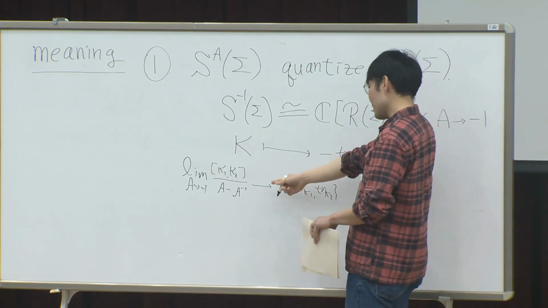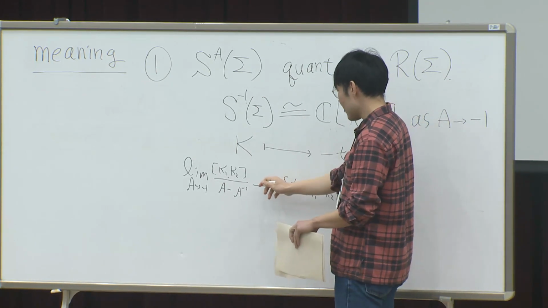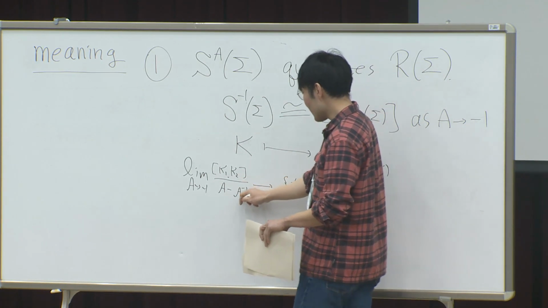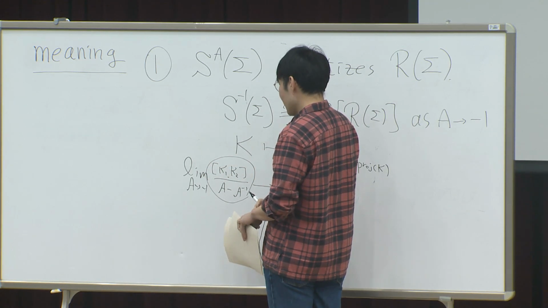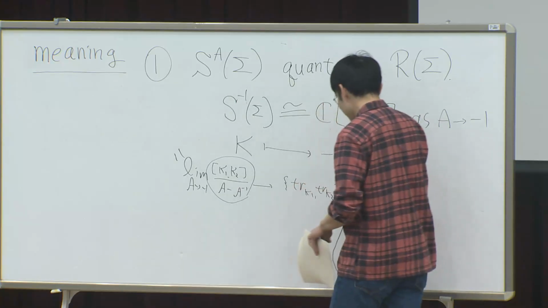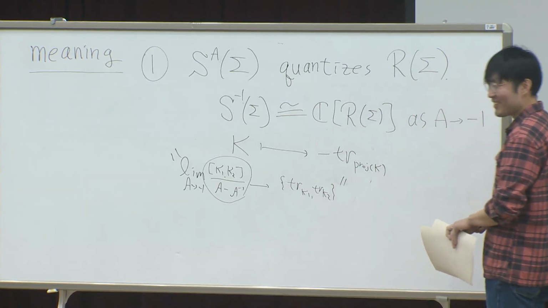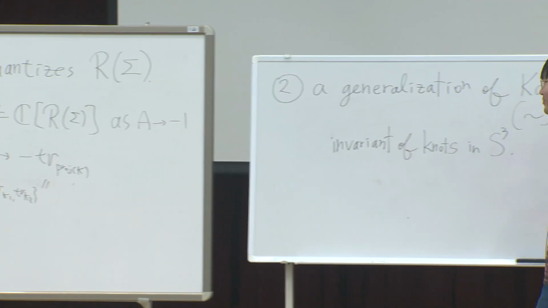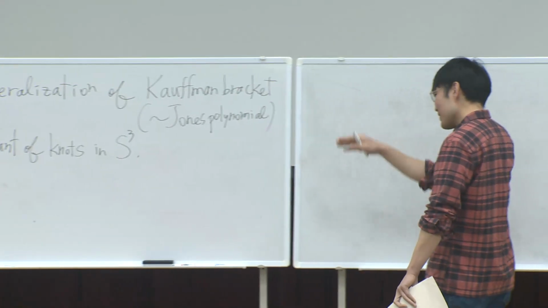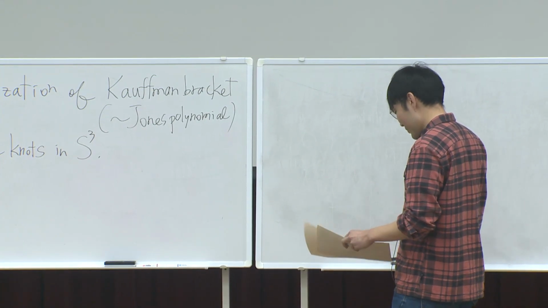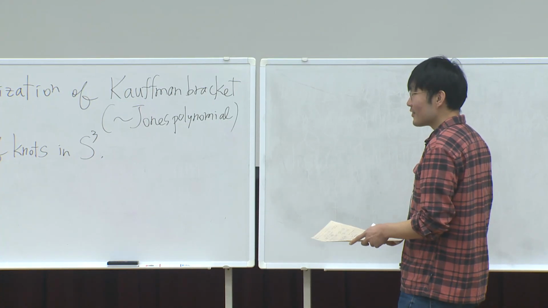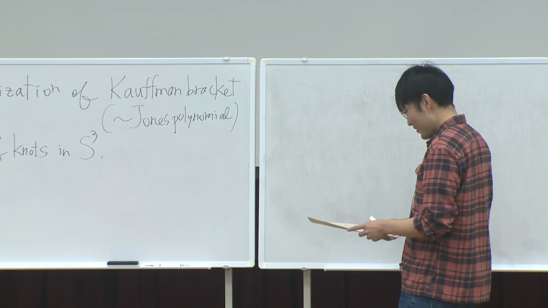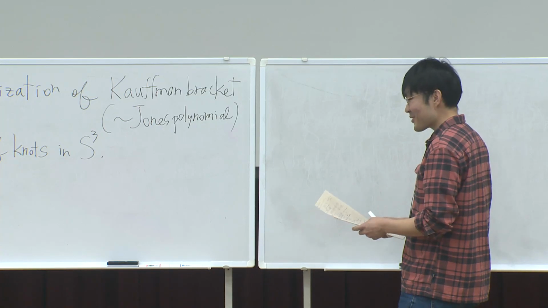Yes, and this element has to be put in quotation marks in some sense. The second statement I have to be a little bit careful about, but let me not go into the details. Does that answer your question?